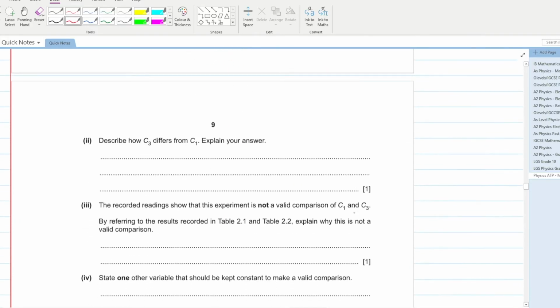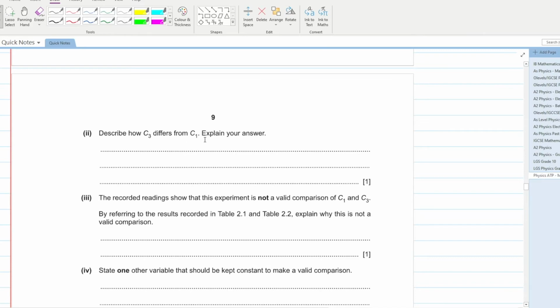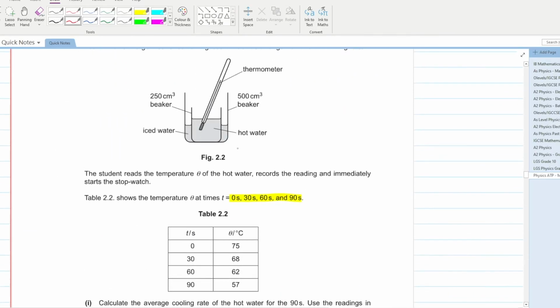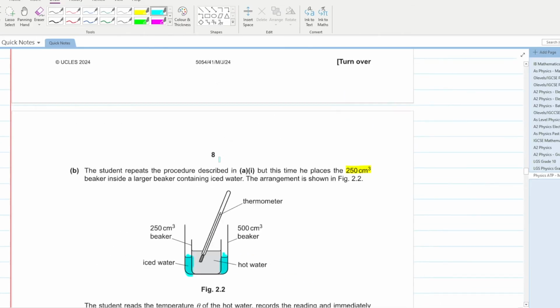Describe how C3 differs from C1. Explain your answer. We can say C3 is greater than C1. Why is C3 greater than C1? Because, as you can see here, in the case of C3 you have ice that provides a greater amount of cooling.